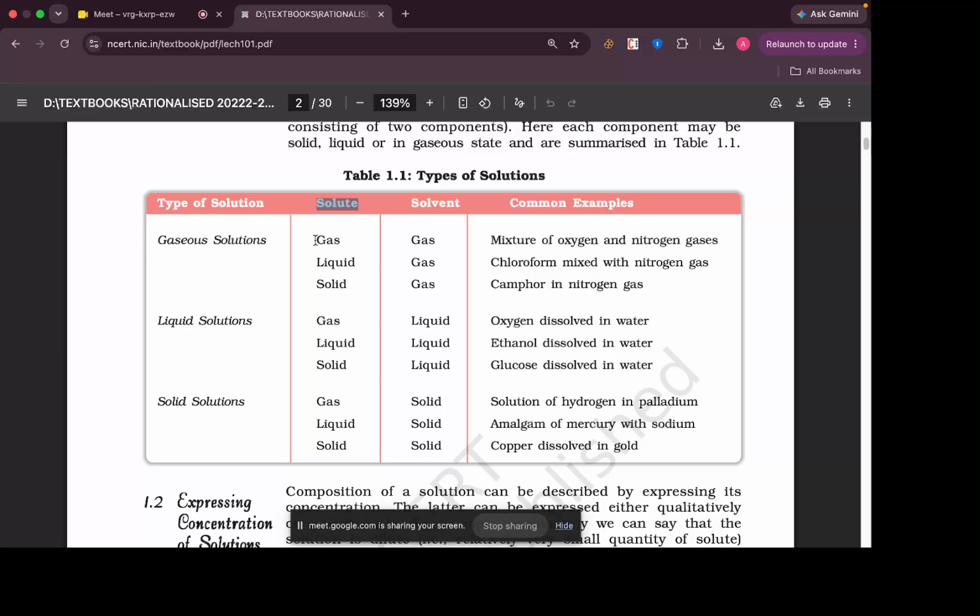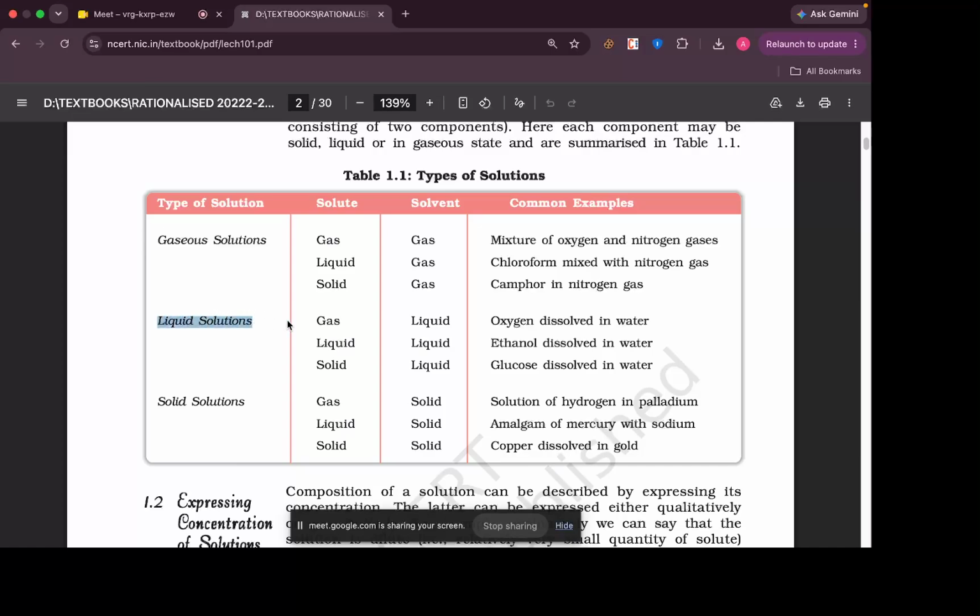What I will do is mix a gas in the gas, like oxygen. Oxygen is present in air, right? And let's assume I have a can of nitrogen gas and I have just opened the can, and nitrogen and oxygen mixed together. So what happened here? Gas mixed into gas.